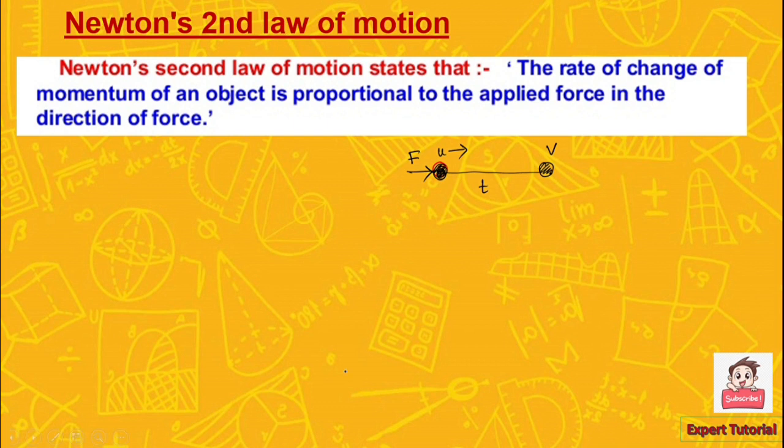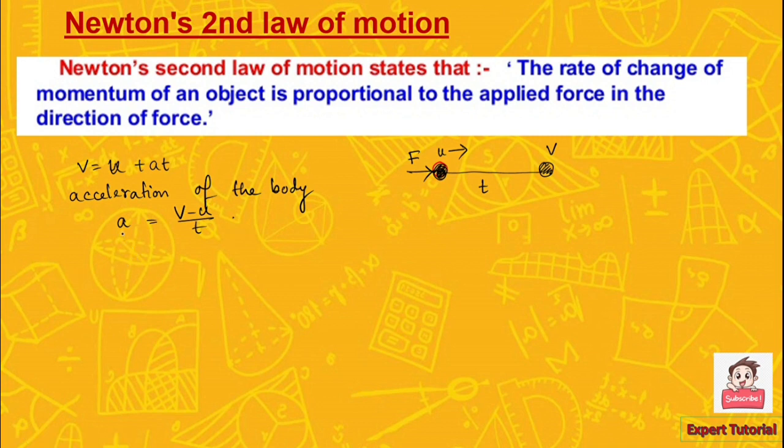So the initial velocity is u and the final velocity is v, and by using the relation v equals u plus at, where a is the acceleration, the acceleration of the body is a equals v minus u by t. We all know that acceleration is nothing but the rate of change of velocity, so a equals v minus u by t.